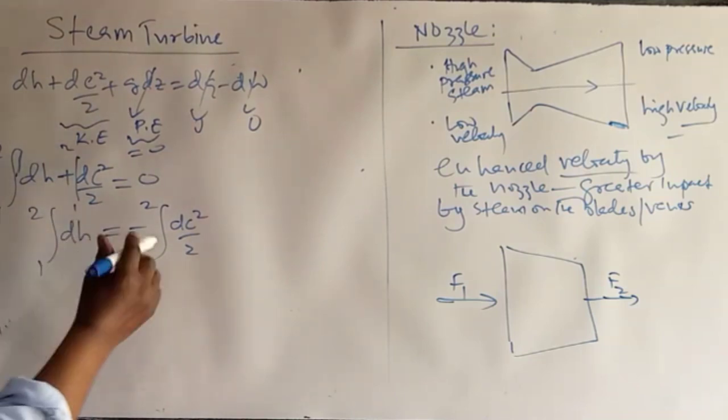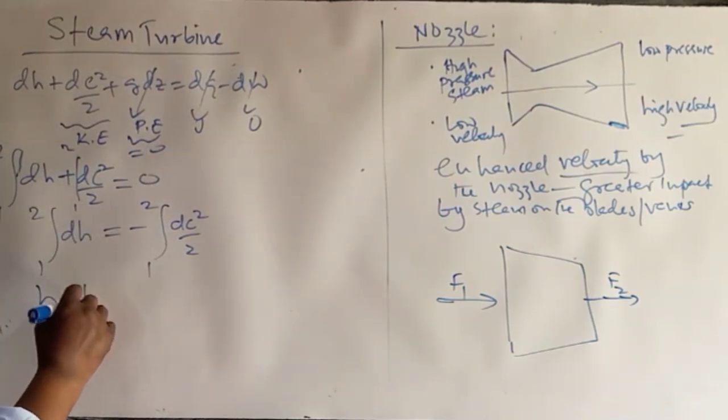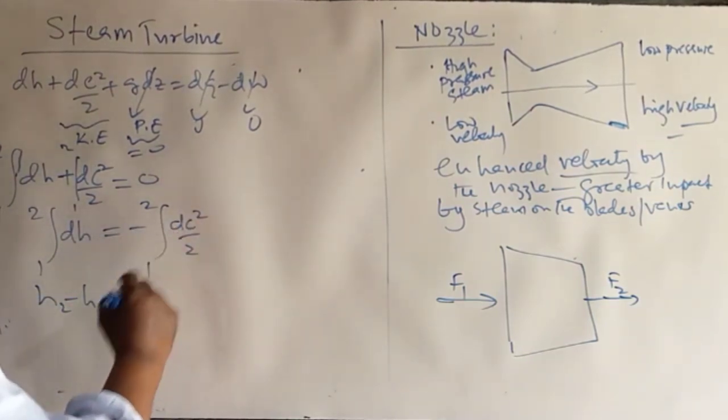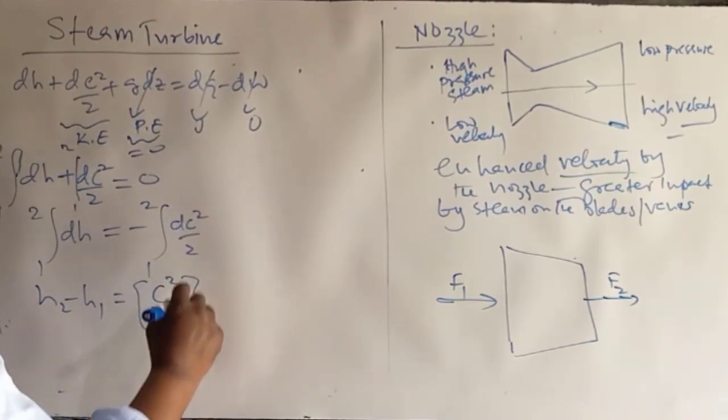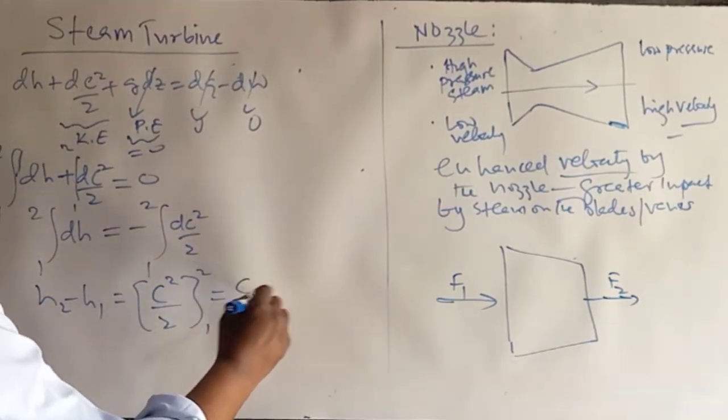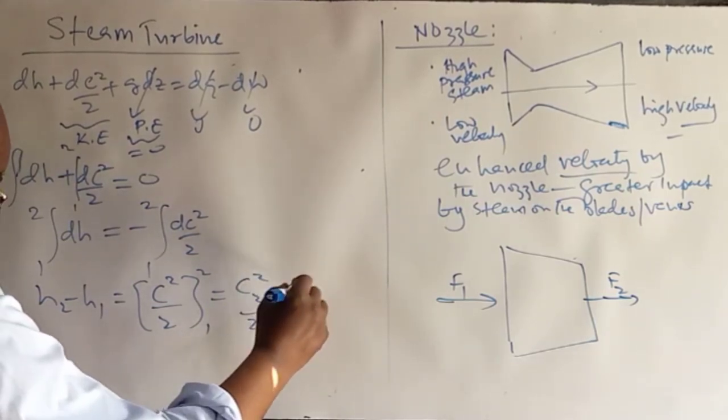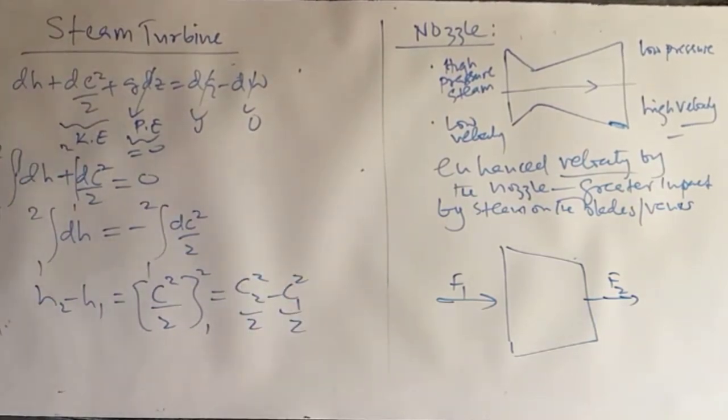So what we have here is very simple. We have H2 minus H1 is equal to C squared over 2, inlet to outlet, and that will be C2 squared over 2 minus C1 squared over 2.